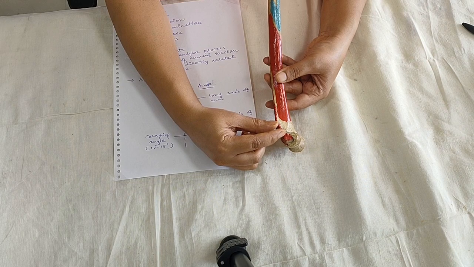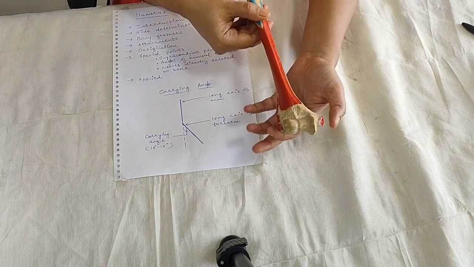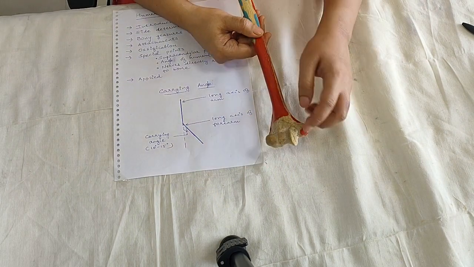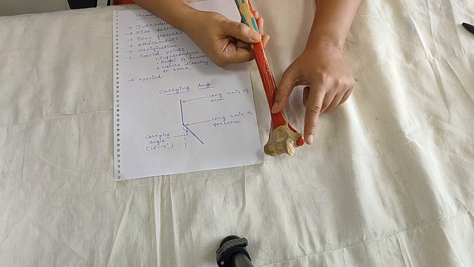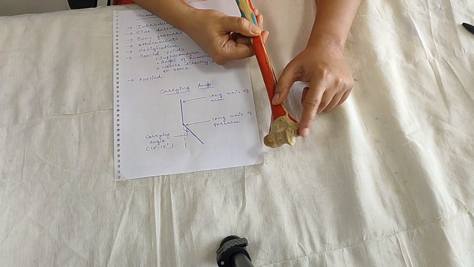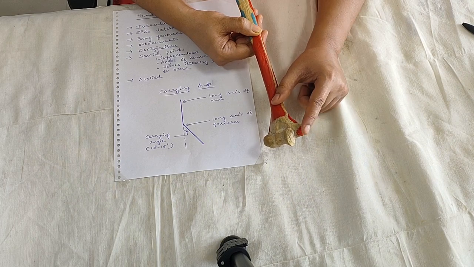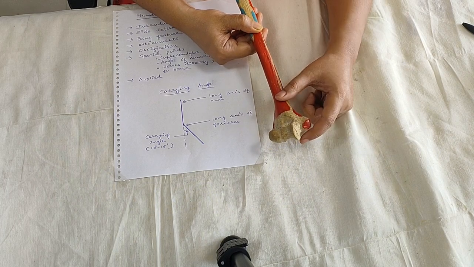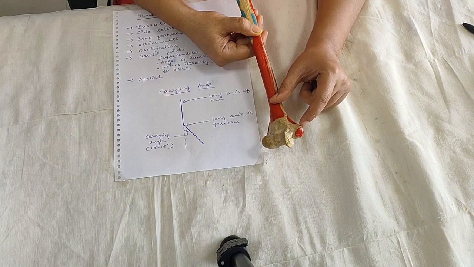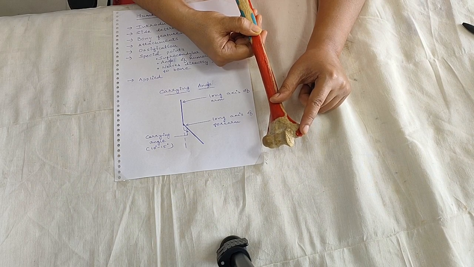Coming to the epicondyles, on the medial epicondyle, on its anterior aspect, all the superficial flexor muscles are getting origin. So the medial epicondyle is also called the common flexor origin.